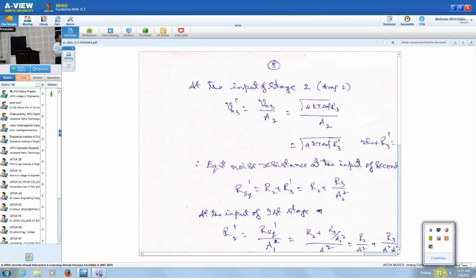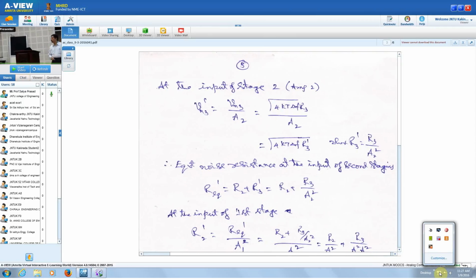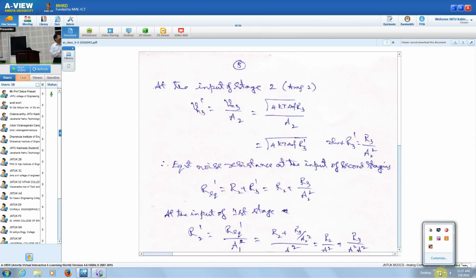So Vn3 prime is Vn3 by A2. And Vn3 is root of 4 kT delta F into R3, divided by A2. Therefore, the R3 prime reflected at the input because of the resistance is R3 by A2 square, because of the root.